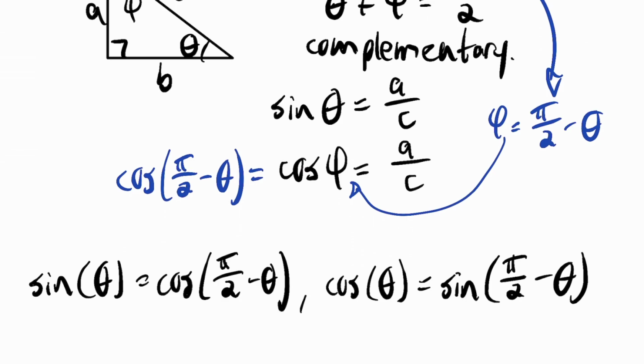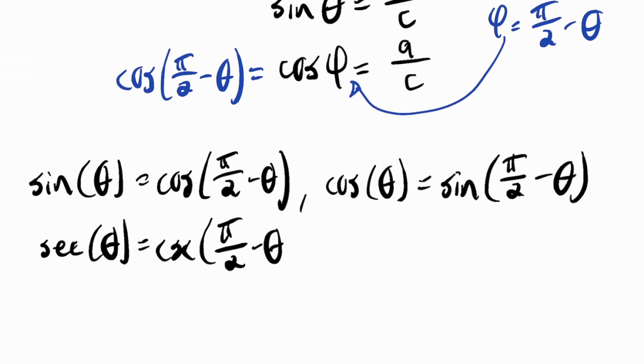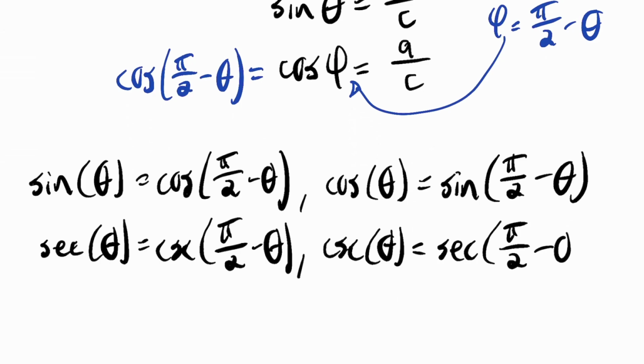They're basically saying the same thing because sine and cosine are cofunctions. But then the other functions in pairs do the same thing. So secant of theta equals cosecant of pi over 2 minus theta, and cosecant of theta equals secant of pi over 2 minus theta.